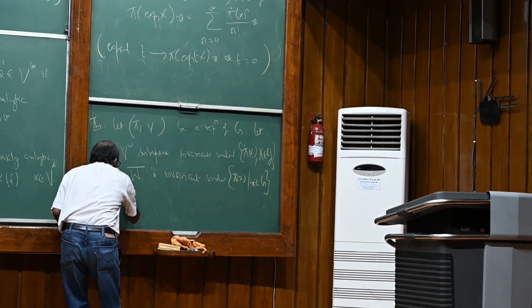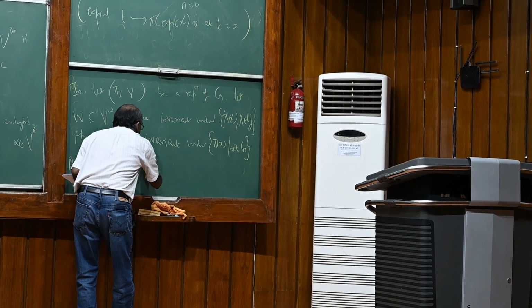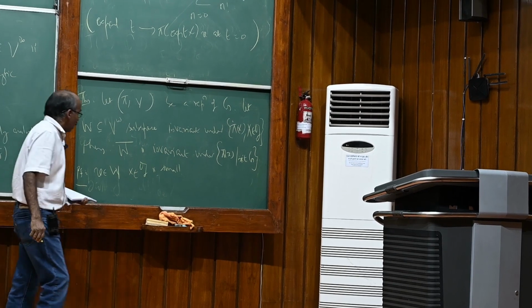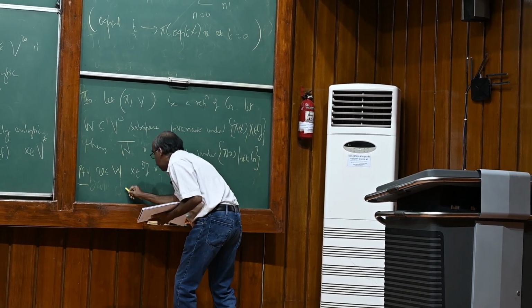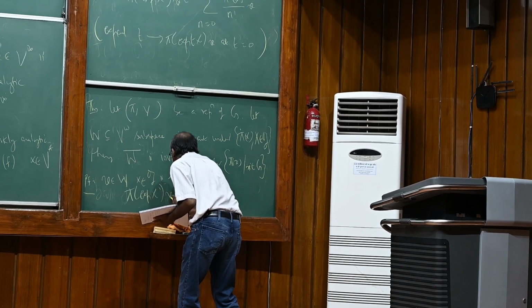If v is in W and x in the Lie algebra is small, meaning in the neighborhood of 0, then I look at pi of exp x acting on v.